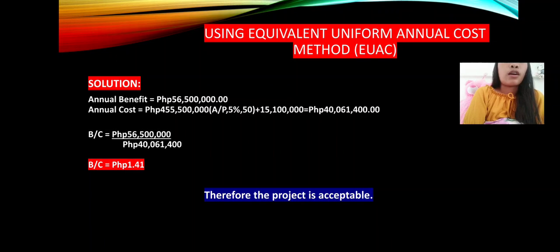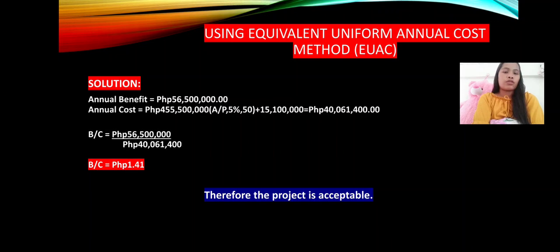So, given the i as 5% and n is equals to 50, add natin yung 15,100,000 pesos, which results in the annual cost of 40,061,400.